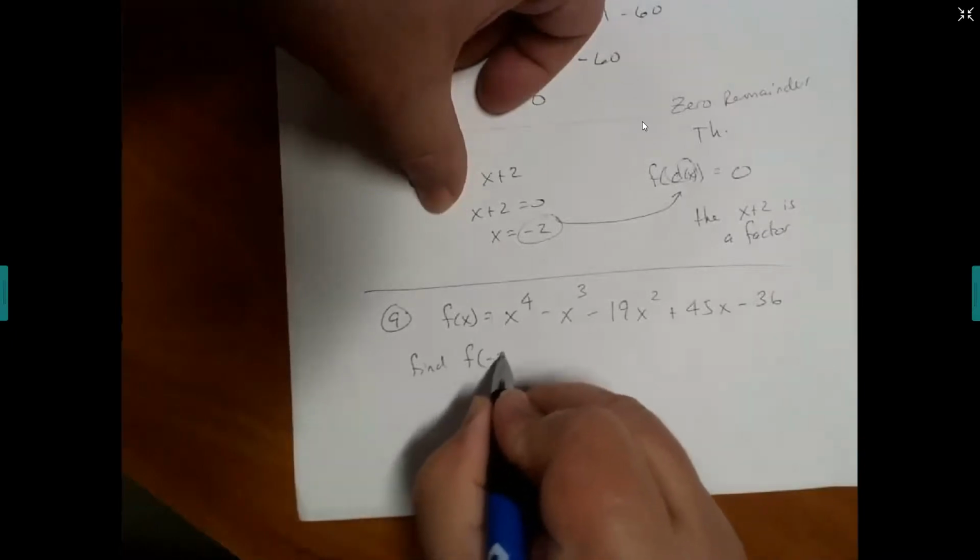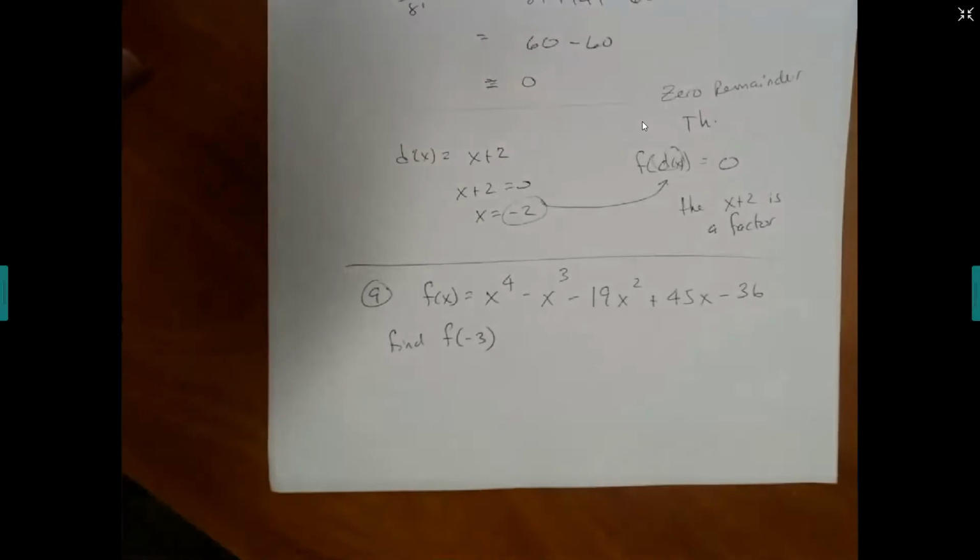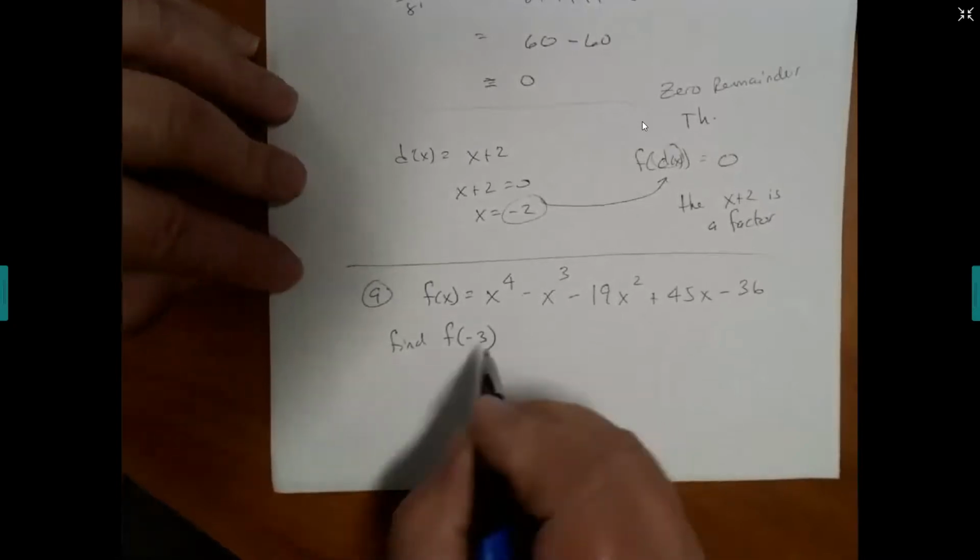Find f of negative 3. It says use synthetic division, but if you want to, you can, or you can use the shortcut method I just showed you. Or you want to do both ways. With a calculator, let's go ahead and try it both ways.